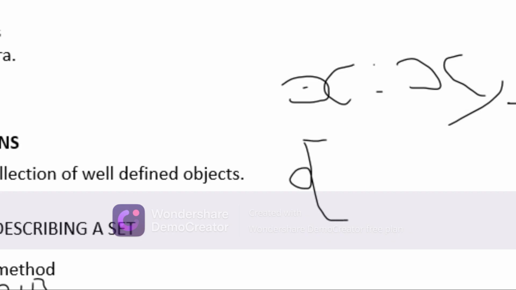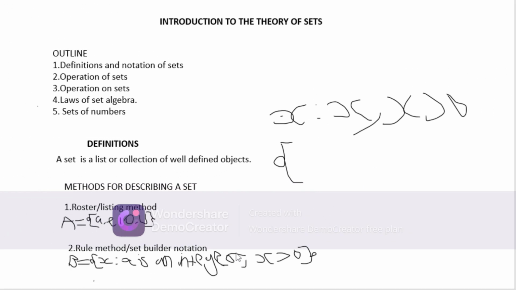As you know, integers are negative numbers and positive numbers on the number line. If it just said x is an integer, it would be all the negative and positive numbers.